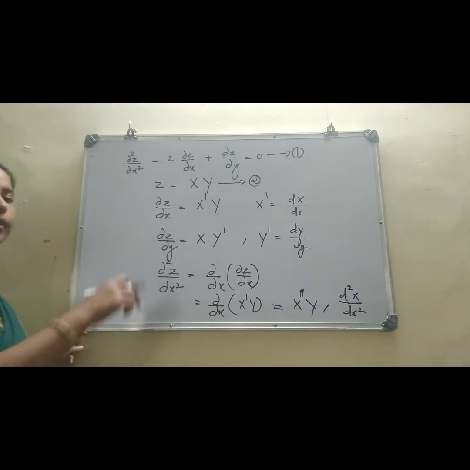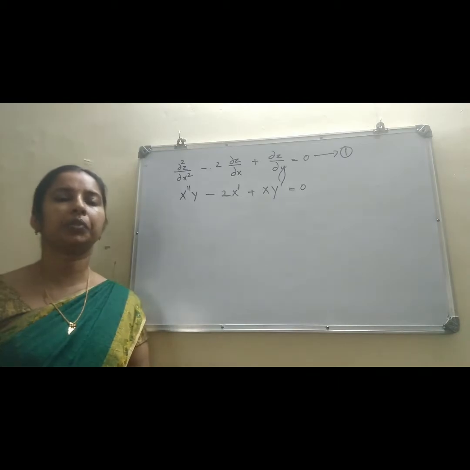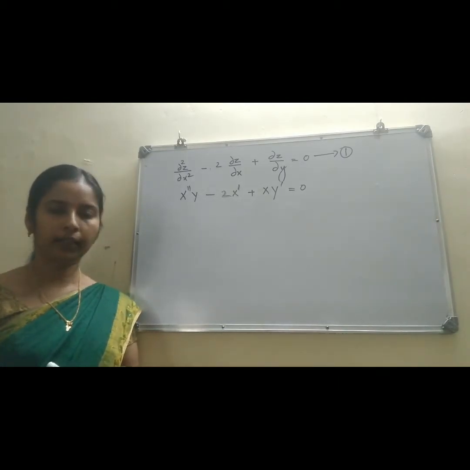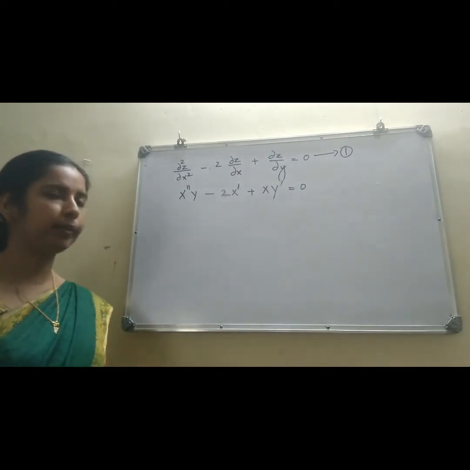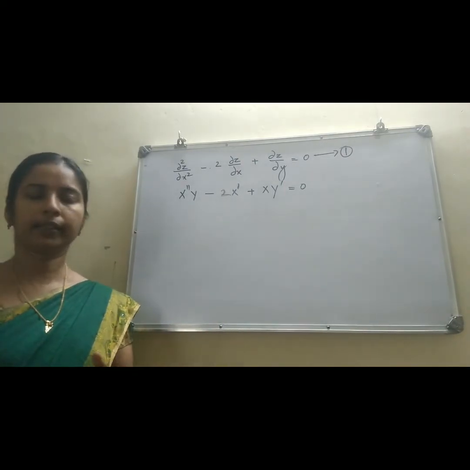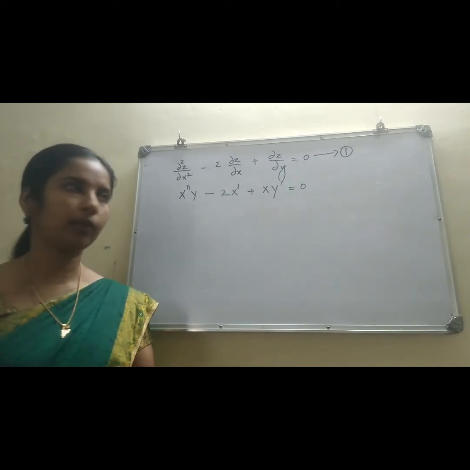Substitute these derivatives in equation number 1. Thus, we have this equation by substituting the derivatives in the given equation. Next, we have to separate the variables. That is, you separate it as a function of x alone and a function of y alone.